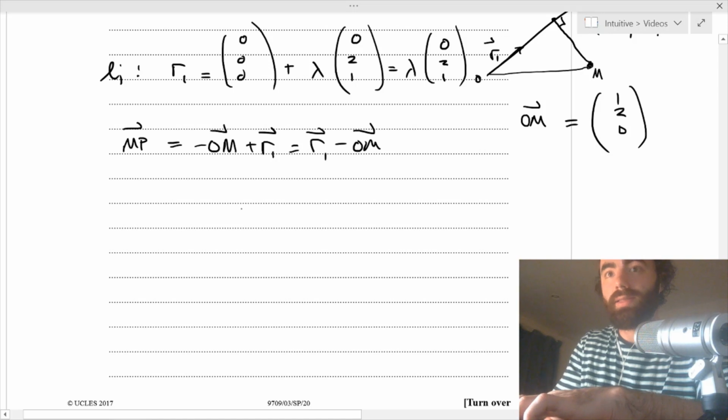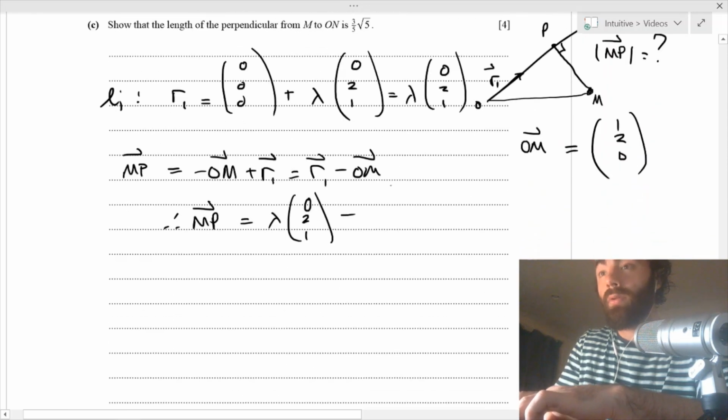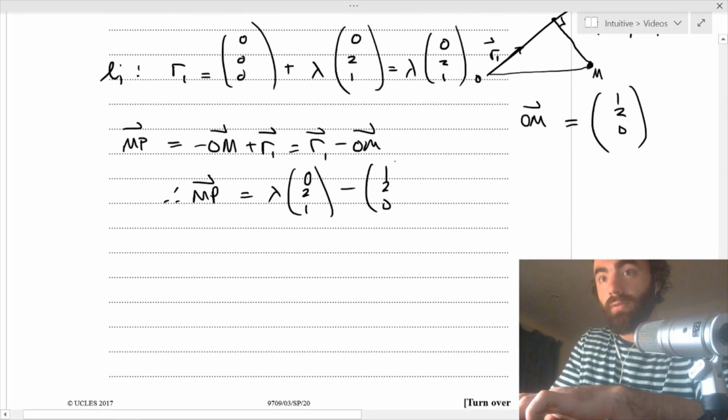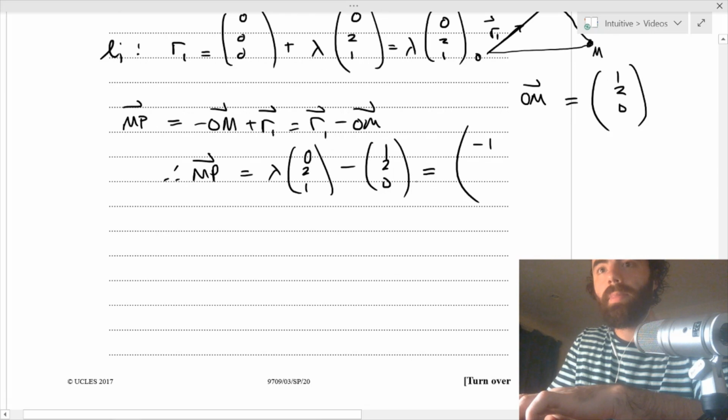And R is this, so therefore MP equals lambda (0, 2, 1) minus OM. OM was (1, 2, 0). So this equals 1, and then we have 2 lambda minus 2. Oh, this will equal minus 1, my bad.